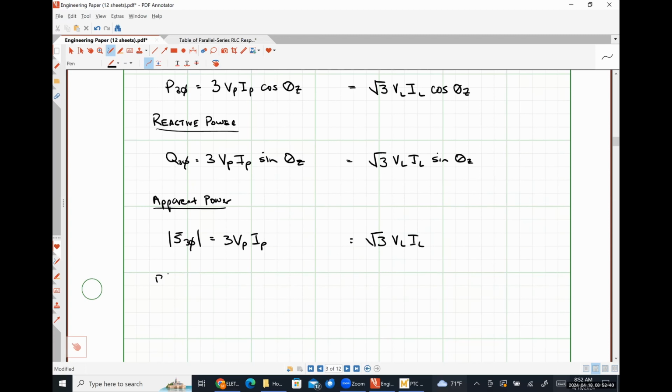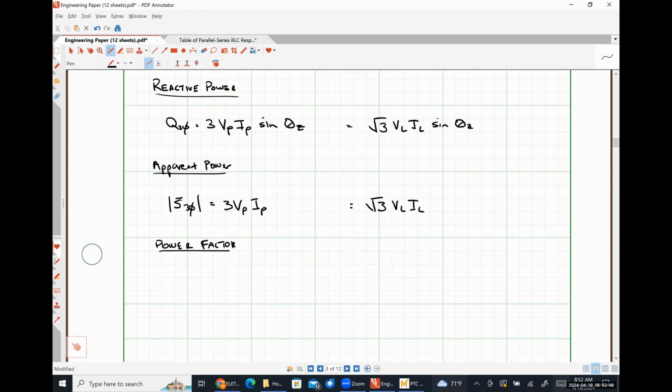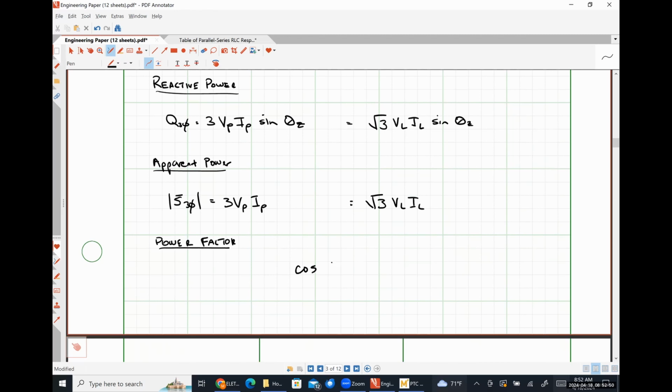And lastly, our power factor is just cosine of theta Z. Now, we could also choose to express this as P3 phase over our three-phase apparent power.